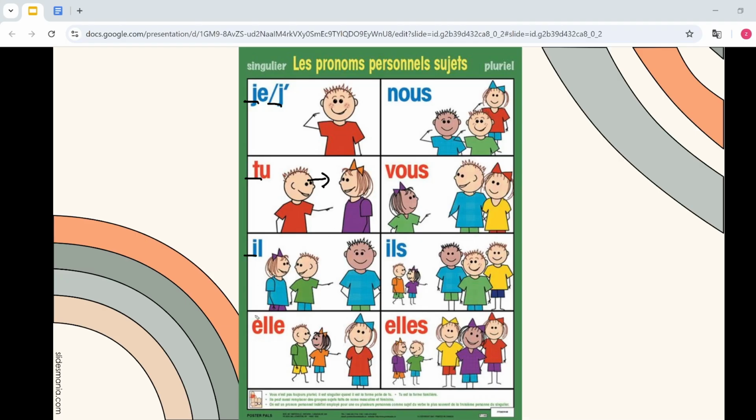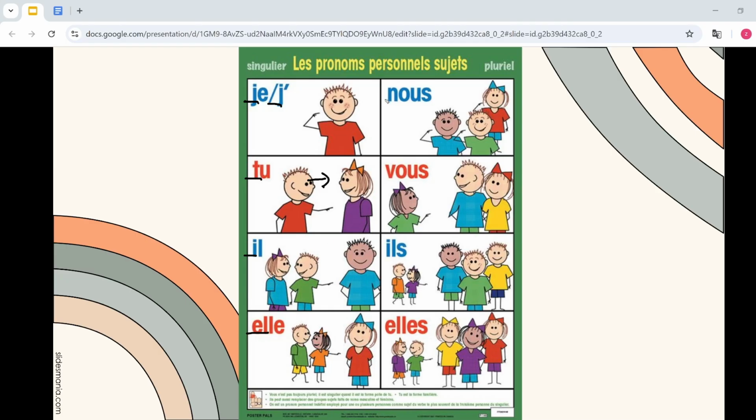Next we have il and elle. Remember, these 2 are conjugated the exact same way, but il is for a male and elle is for a female. We have one last one that is on, used for we, but that one's an impersonal one.